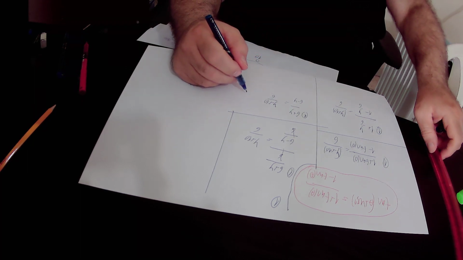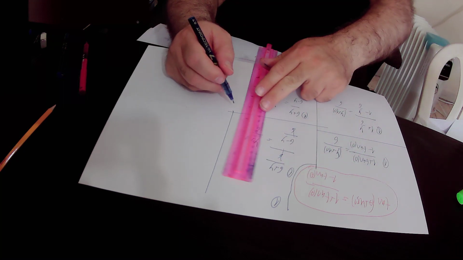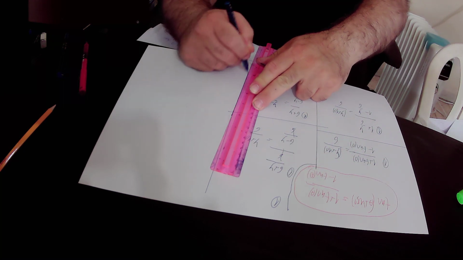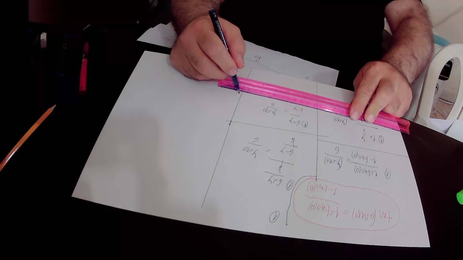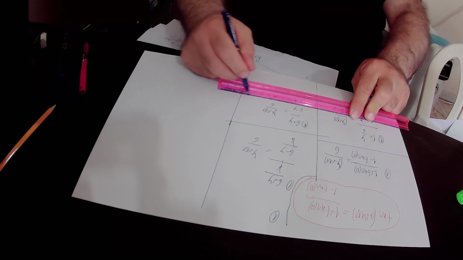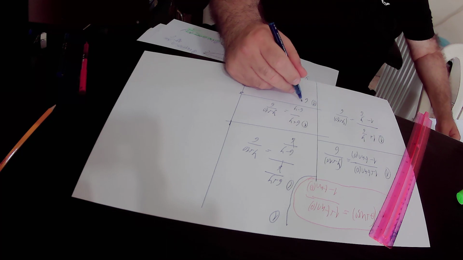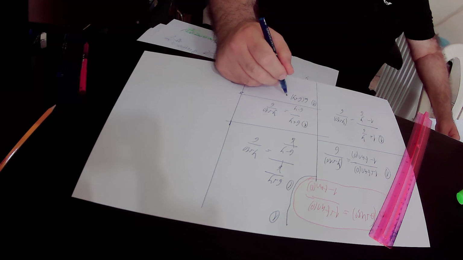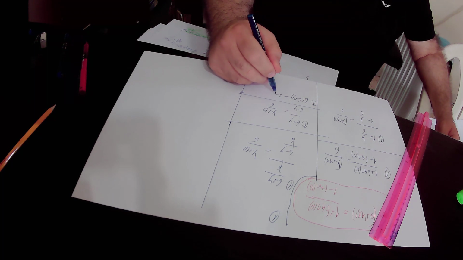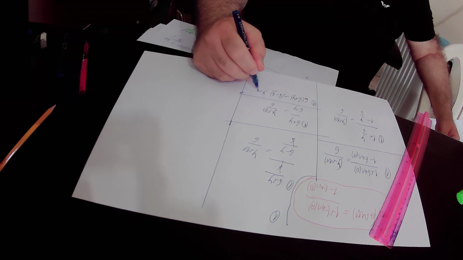Here we'll cross multiply this equation number 1, and we get that according to equation number 1, 6 times 6 plus y equals 6 minus y times y plus 10.